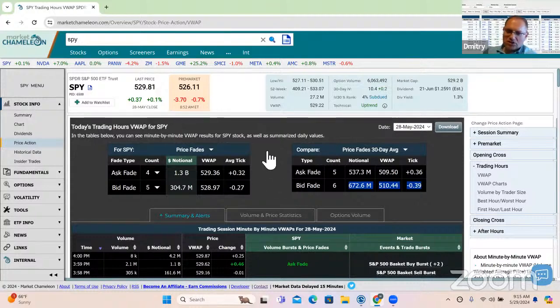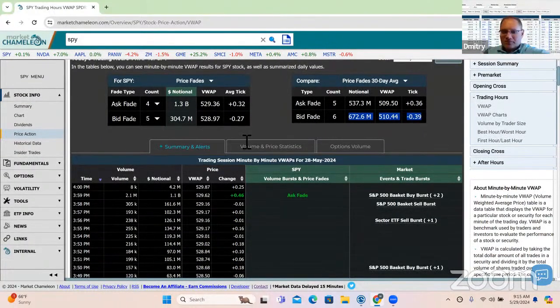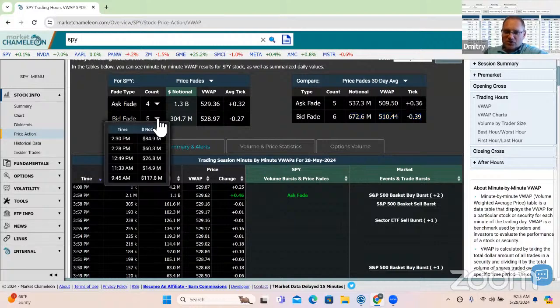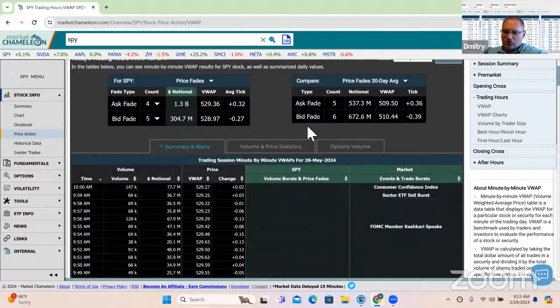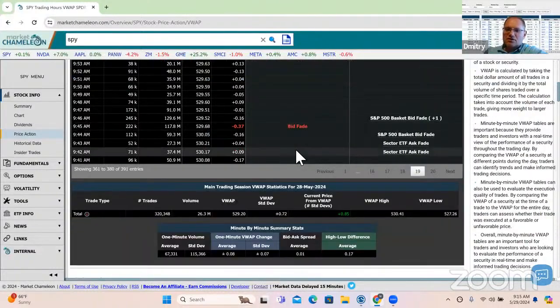So let's go to a bid fade first. So C1 at 9:44, 11:33, 12:49. These are the 5 different bid fades that we saw yesterday. So let's click on the first one at 9:45. And here it is.